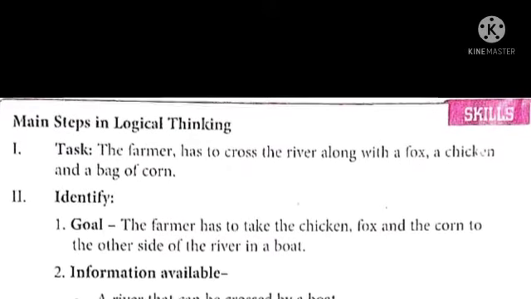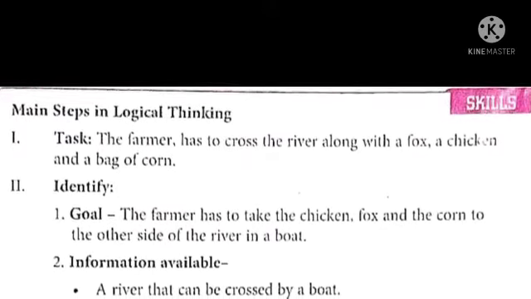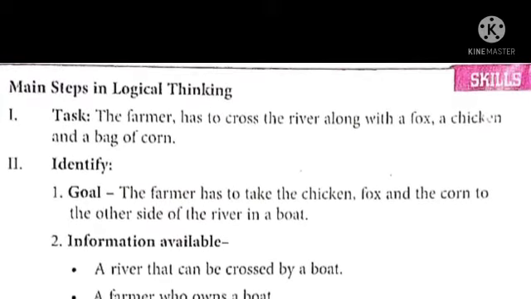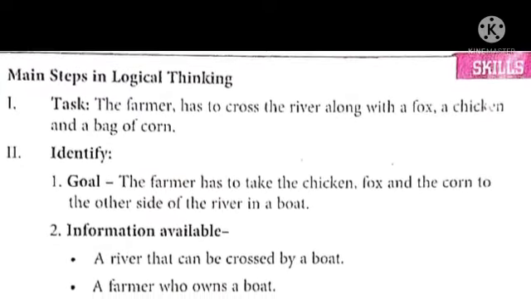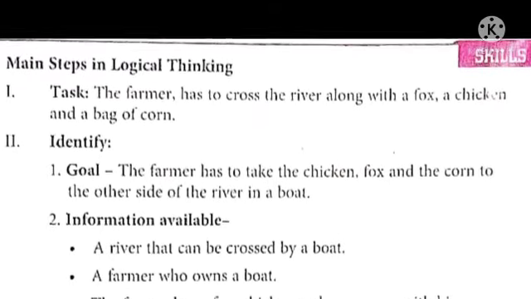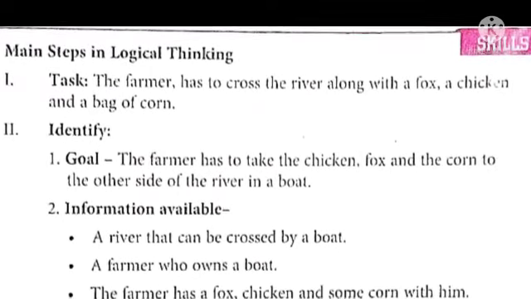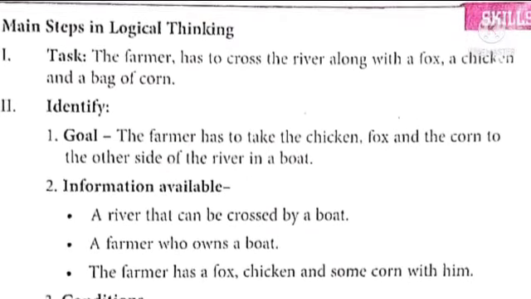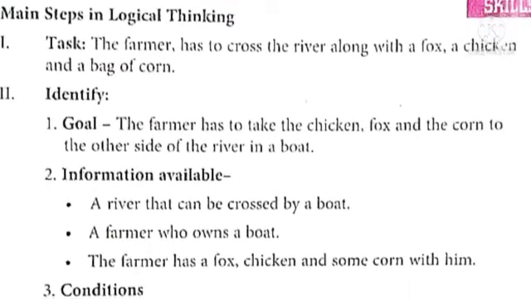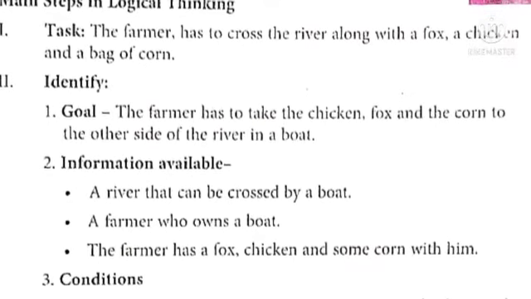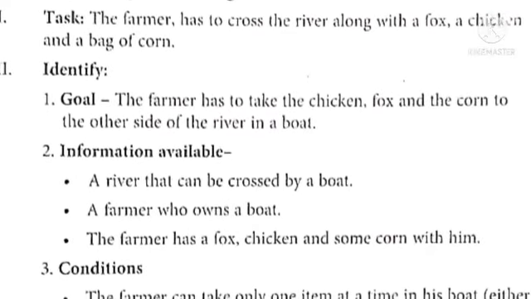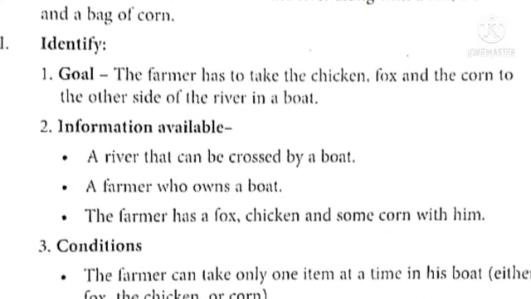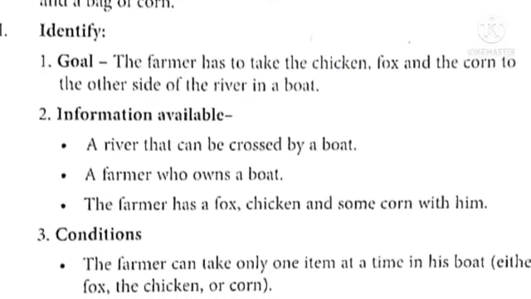So, we identify the goal. The goal is the farmer has to take the chicken, fox and the corn to the other side of the river in a boat. Second step, we have to find out the information available. The information available is a river that can be crossed by a boat and the farmer who owns a boat. The farmer has a fox, a chicken and some corn with him.